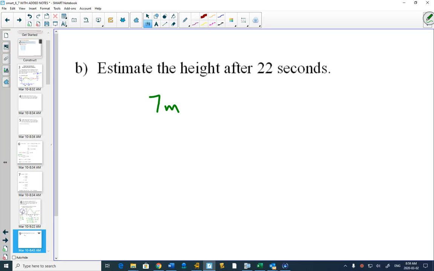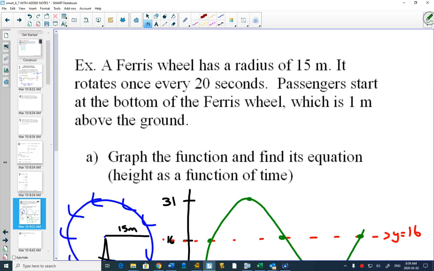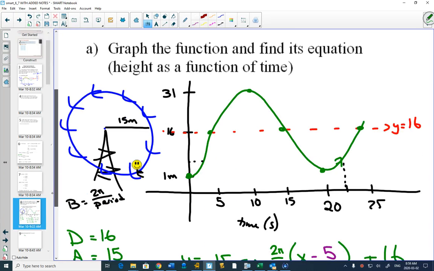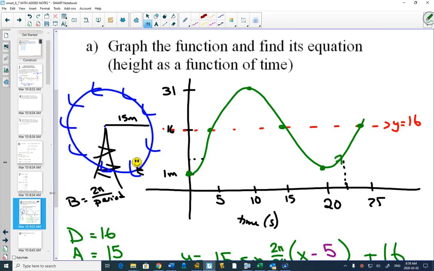Oh, some things about our graph that we did not do. Okay? I labeled time, which was good, but I didn't label on this side. I should label that this is height and put the units in meters. It was meters, right? Not kilometers. That'd be quite the Ferris wheel. 20 seconds.